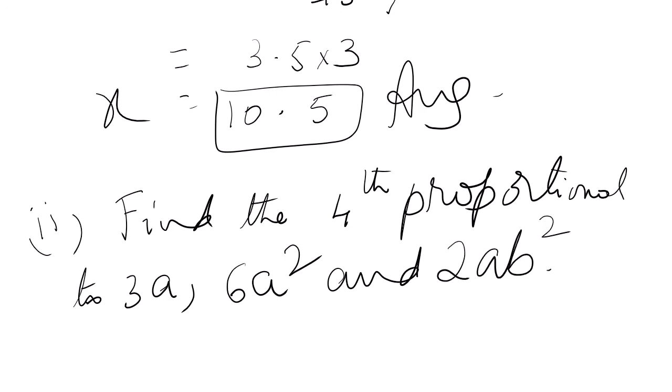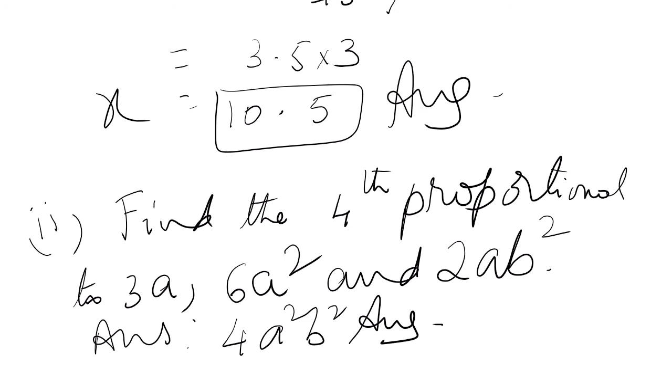Similar way you will do. Let x be the fourth proportional and you will do it. The answer to this is 4a square b square. That means the fourth proportional is this.